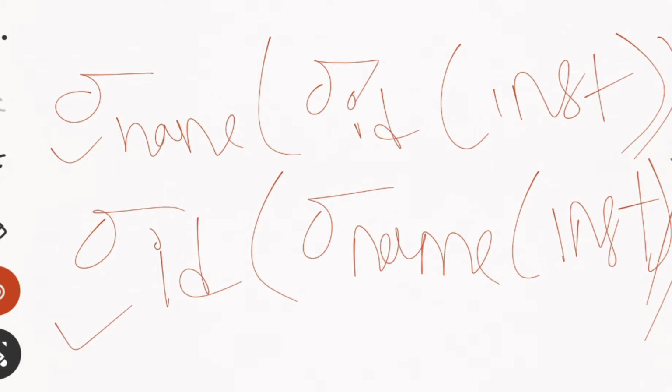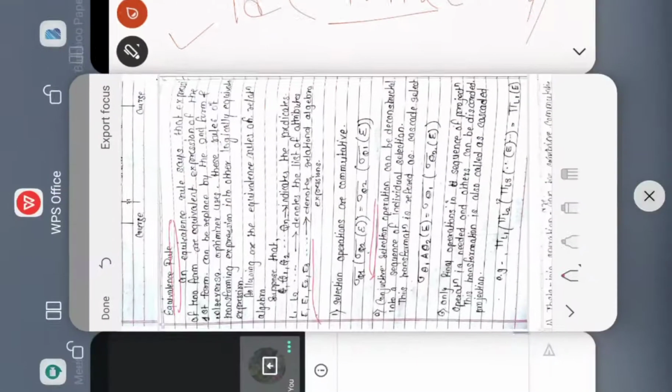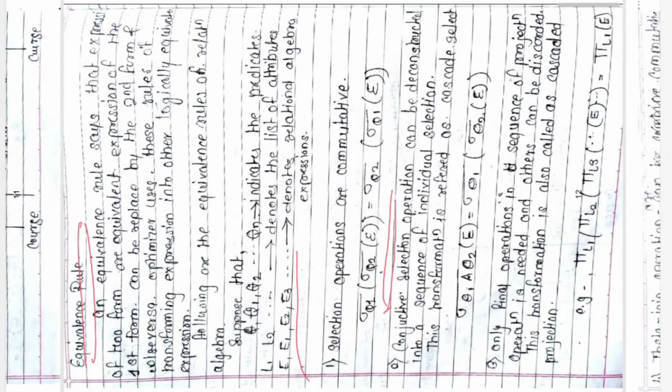So what I have done here is written sigma name and sigma id, where id and name are nothing but attributes, and I have changed their order. There is no change in the output, I still get the same output. So that is nothing but selection operations are commutative. This is operation number 1.